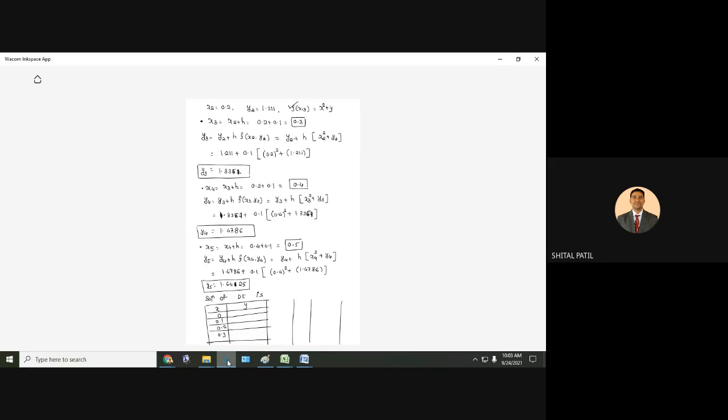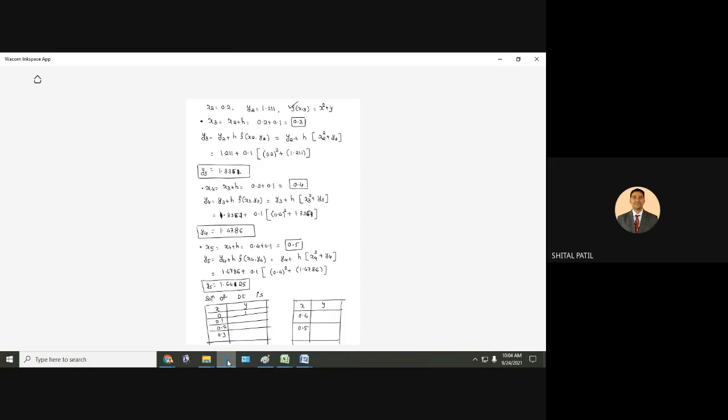Complete the table. So write the corresponding values. x equal to 0, y equal to 1 is given.